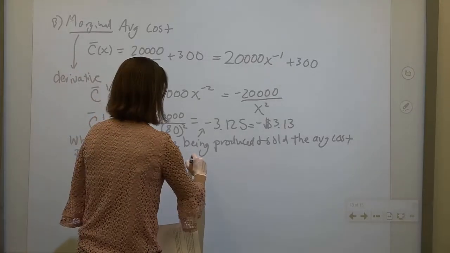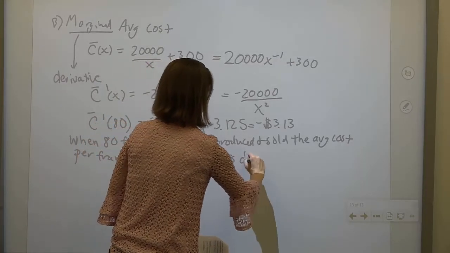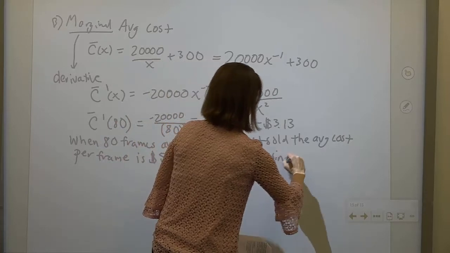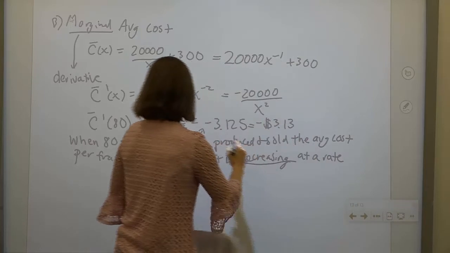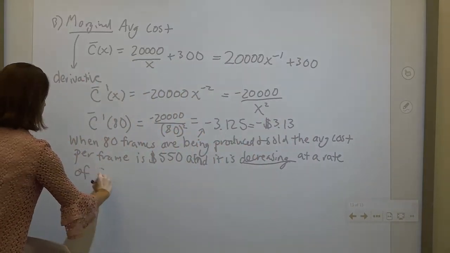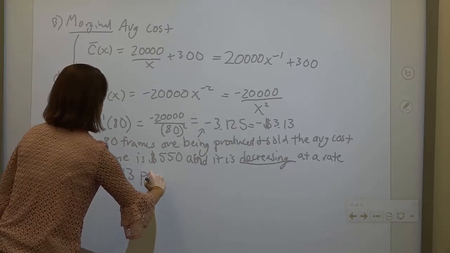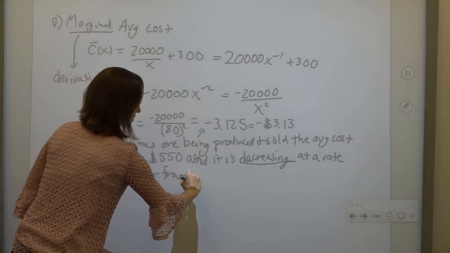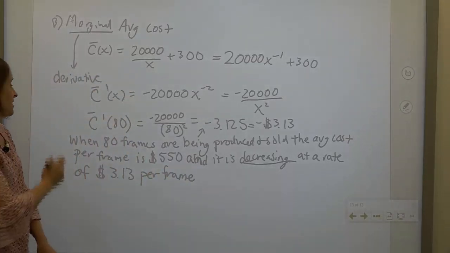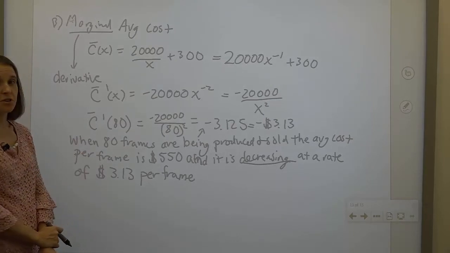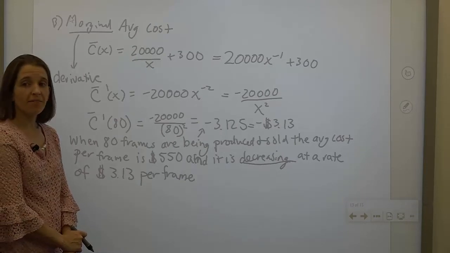And it is decreasing because of this negative at a rate of $3.13 per frame. So this should remind you of some of the interpreting of the derivative we've done before. And you had to write a sentence interpreting, and you had phrases like increasing at a rate of or decreasing at a rate of, and we will have that again.